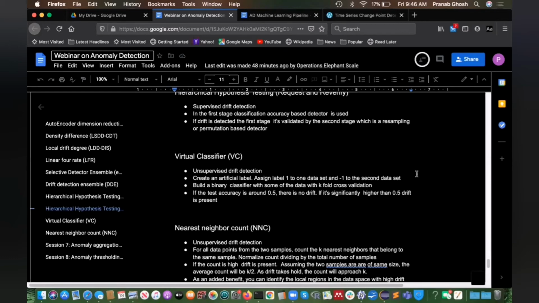Now, if the test accuracy is around 0.5, there is no drift.